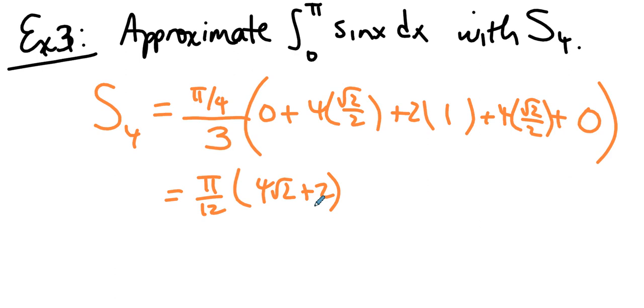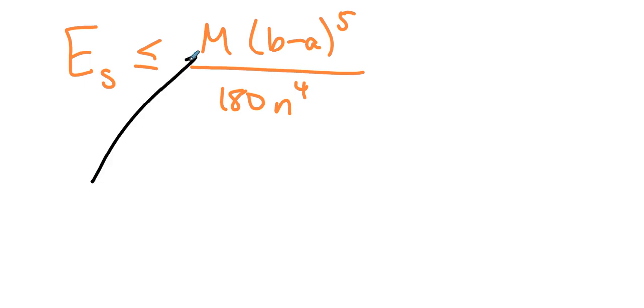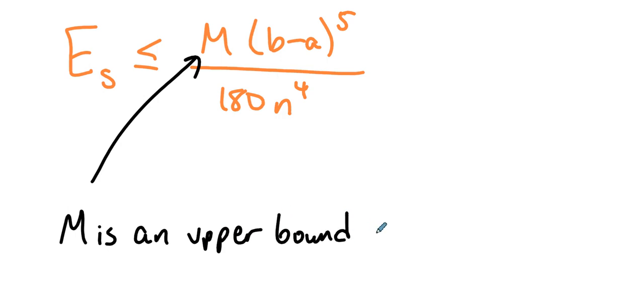Simpson's Rule is much, much stronger than the trapezoidal rule is. The error on Simpson's Rule is less than or equal to capital M times (b minus a) to the 5th over 180 n to the 4th, where capital M is an upper bound on the 4th derivative.